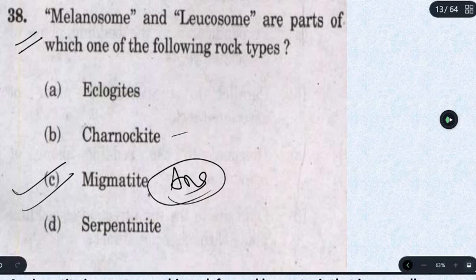It is also a metamorphic rock. Is it a metamorphic or igneous rock? Who will tell? Ruby, is charnockite an igneous rock or metamorphic rock? Okay, any other answer?